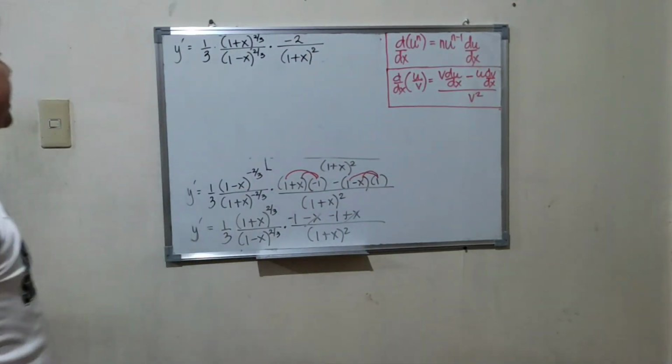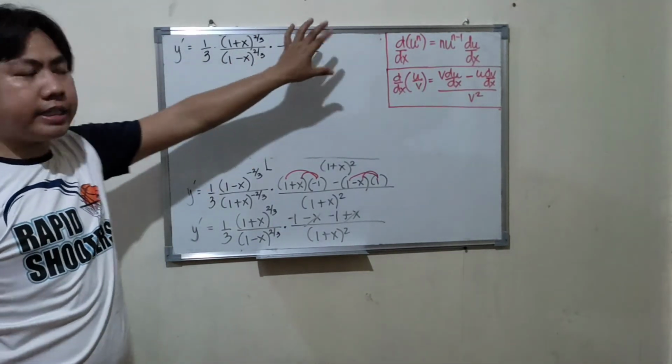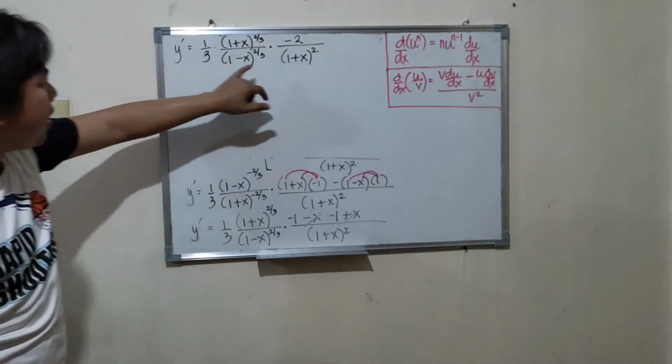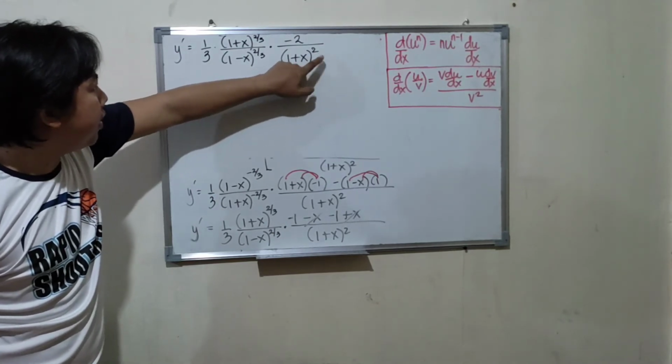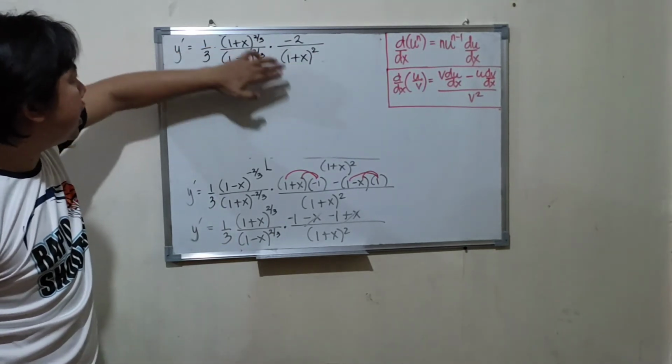So now, let us multiply all the numerators and all the denominators. So we have the same terms, 1 plus x squared, and 1 plus x raised to 2/3.